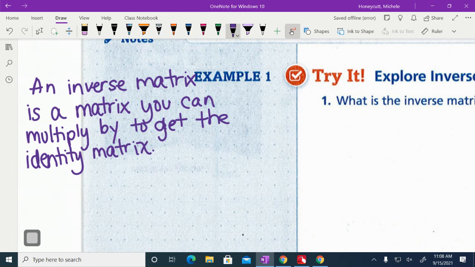It would be a matrix that kind of undoes another matrix to give me an identity matrix.